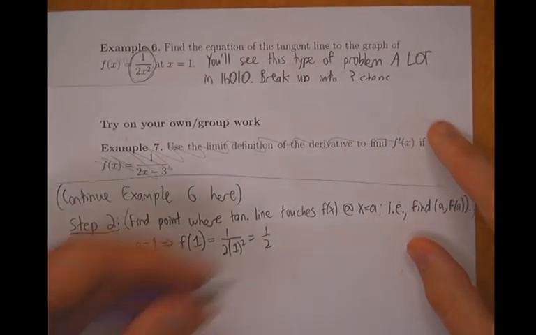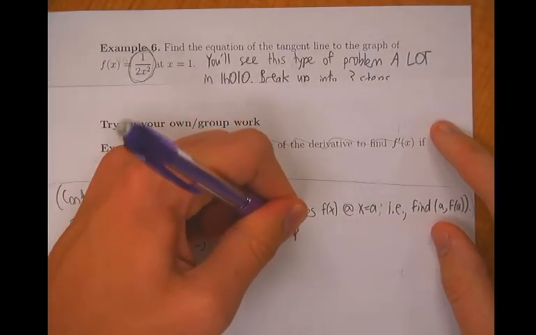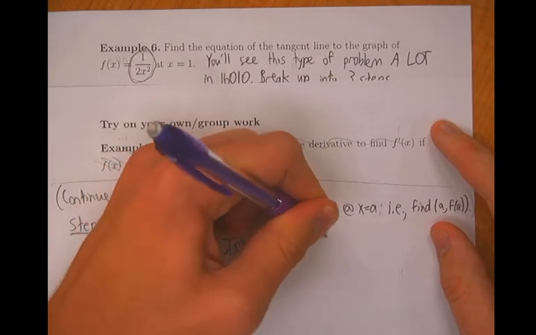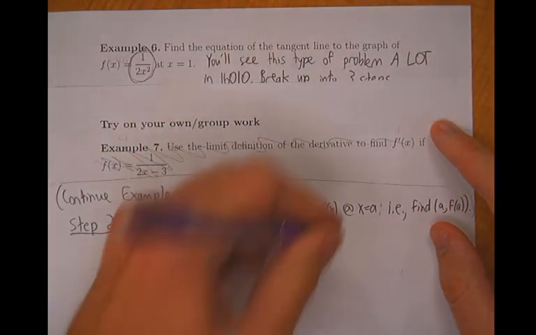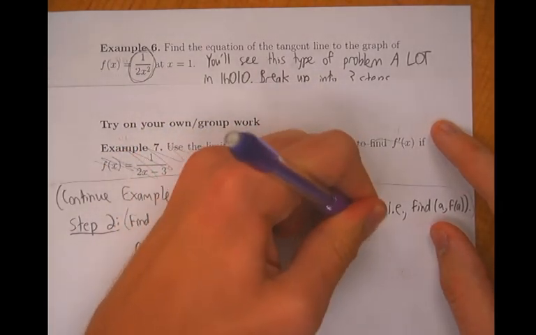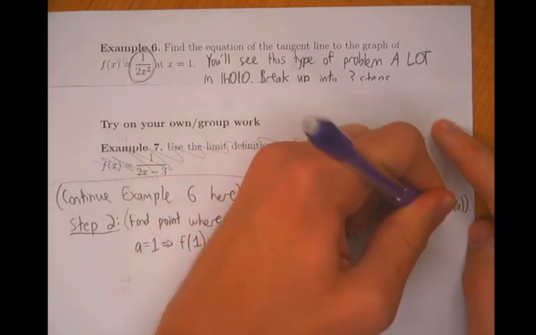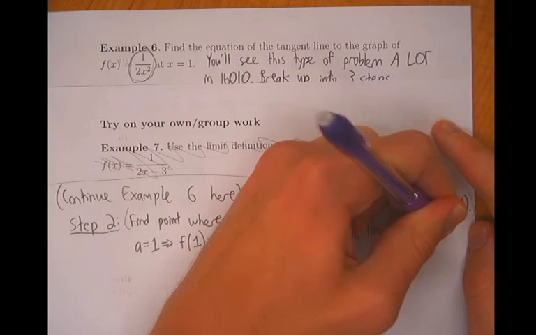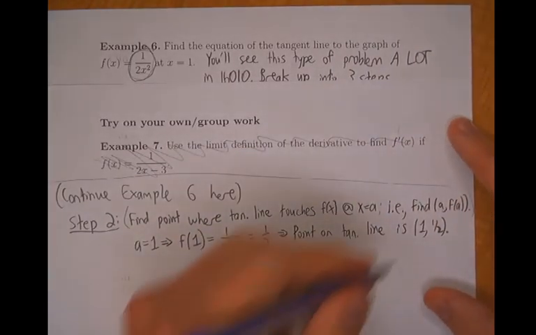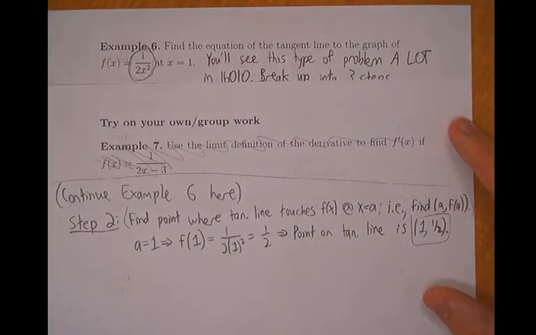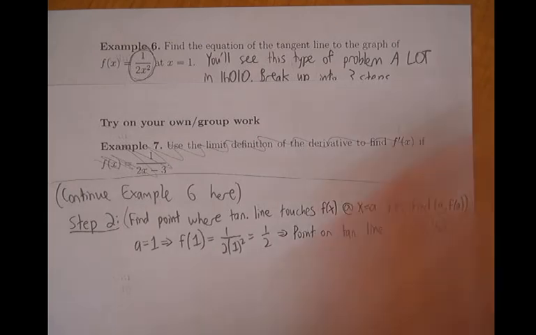So what that tells us is that the point on the tangent line is 1 comma 1/2. Okay? So that's step 2. That's literally all of step 2.